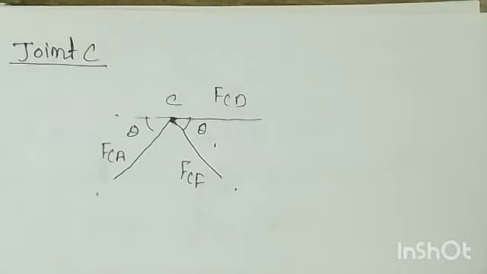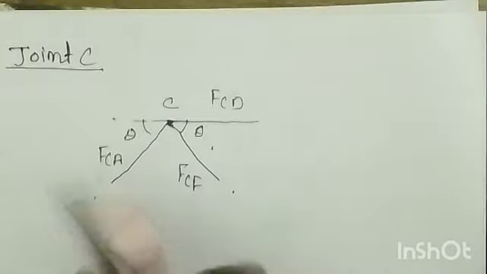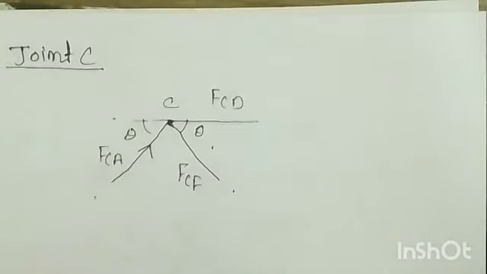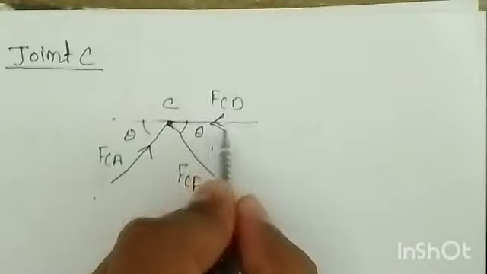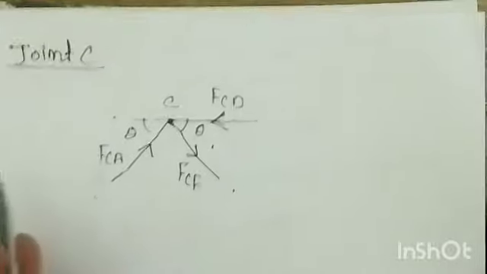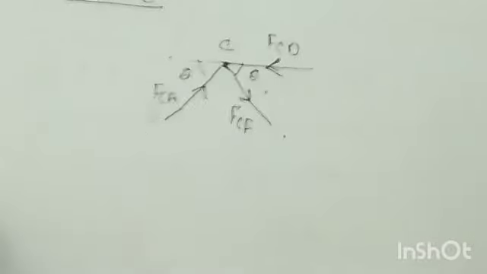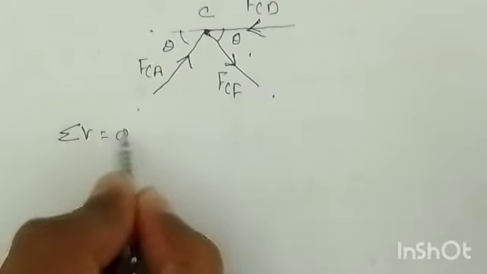Okay, now FCA we already calculated in the previous joint. So here if you look at that, in this the FCA is compressive. So here also it will be compressive, right? And as this is compressive, this will also be compressive, and this will be tensile, right? So now you can say summation V and summation H. So you can say here that summation V is equal to 0.